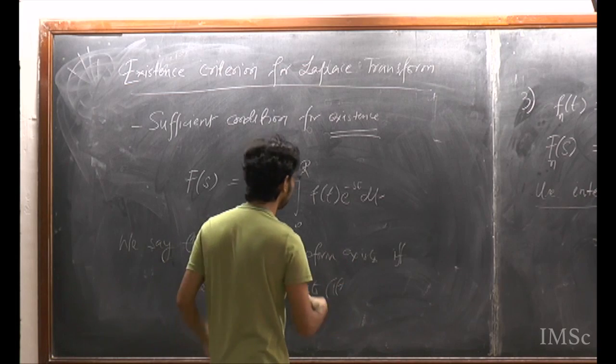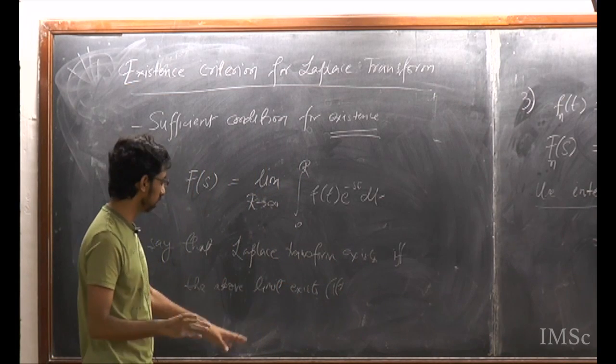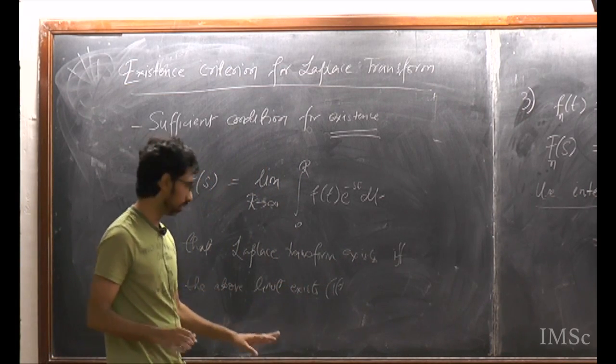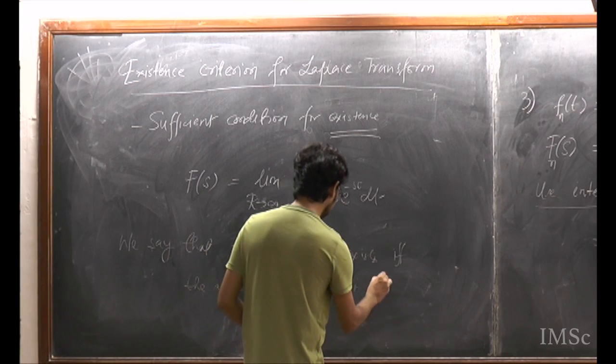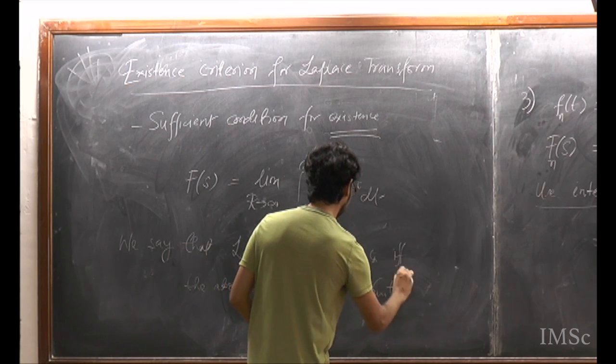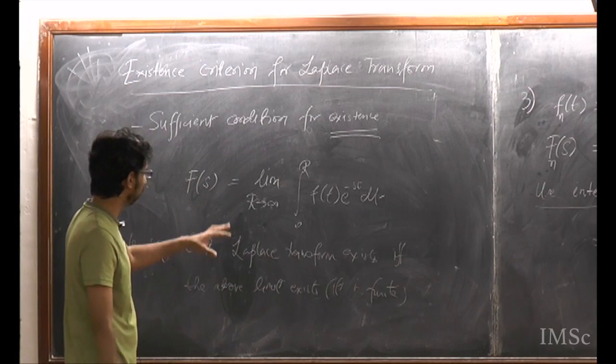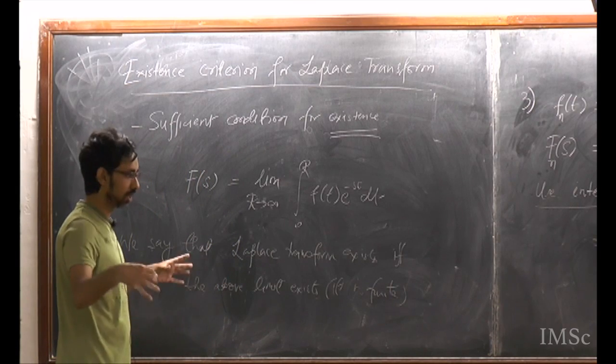It could also be infinite, and then also it exists, but by exists I mean it is finite. So you must get a finite value as r tends to infinity.